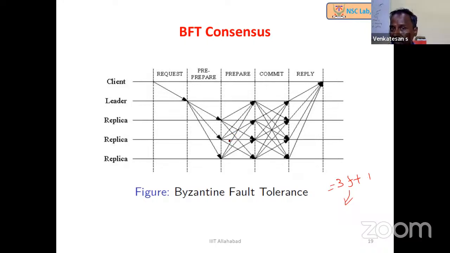But why is it not used in Bitcoin or Ethereum? Why do they go for proof of work, which is very complex? The reason is scalability. You see this connectivity. If we go for 1 lakh nodes, how much connection is required?